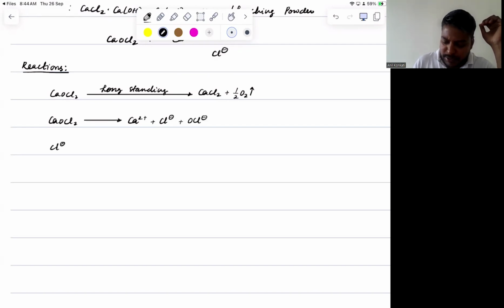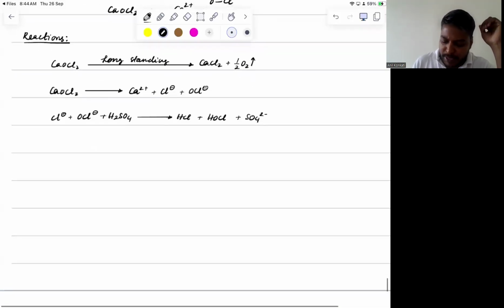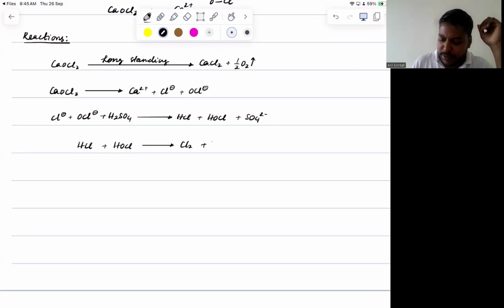Now Cl minus plus OCl minus plus H2SO4, you notice, will give us HCl plus HOCl plus SO4 2 minus. And this HCl plus HOCl will form Cl2 plus H2O.